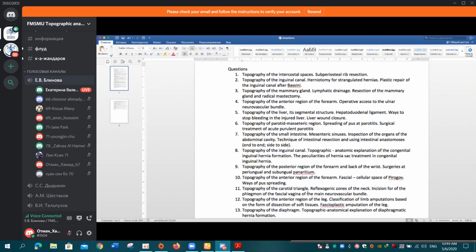The popular surgical access to the liver is the Kocher access. It is an incision 2 centimeters below the right costal arch and along the costal arch.